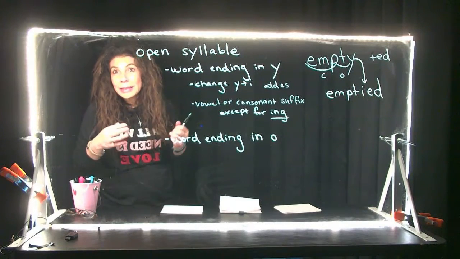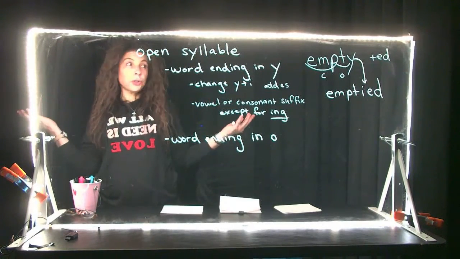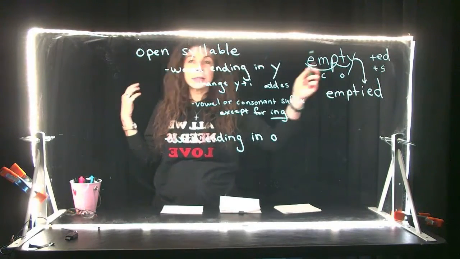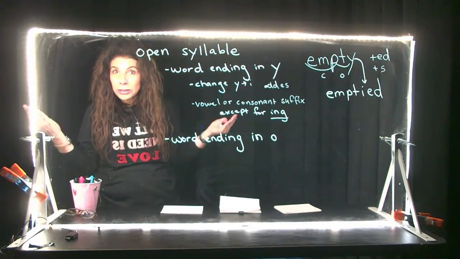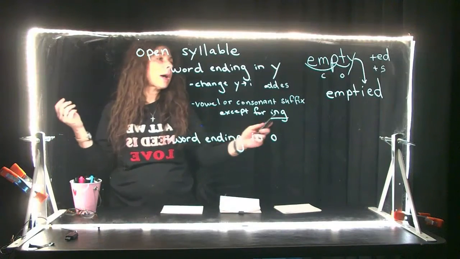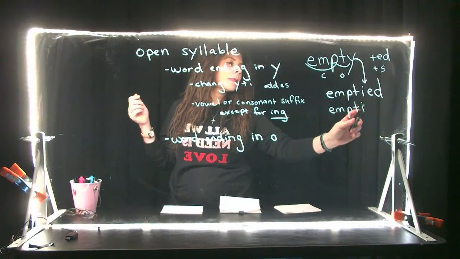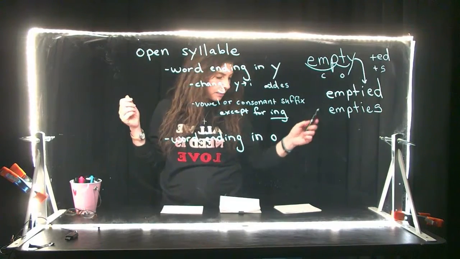Say I want to say the boy empties the trash, right? So that's a vowel suffix, but even if I want to add a consonant suffix, I still change the y to an I. Empty.